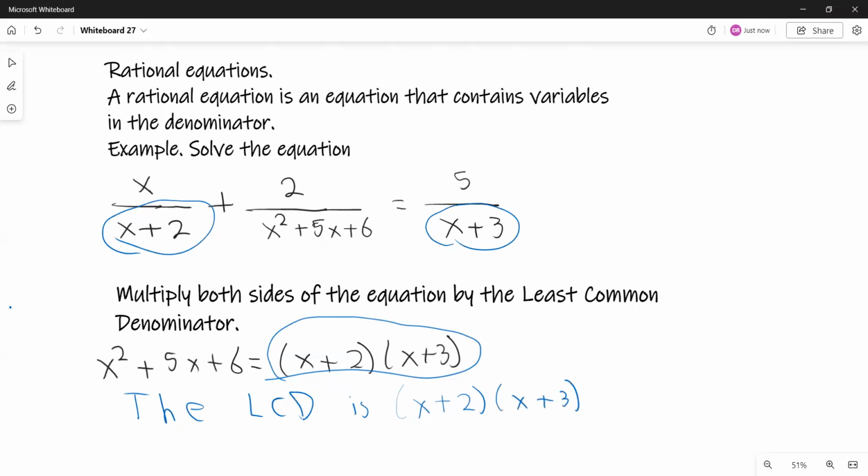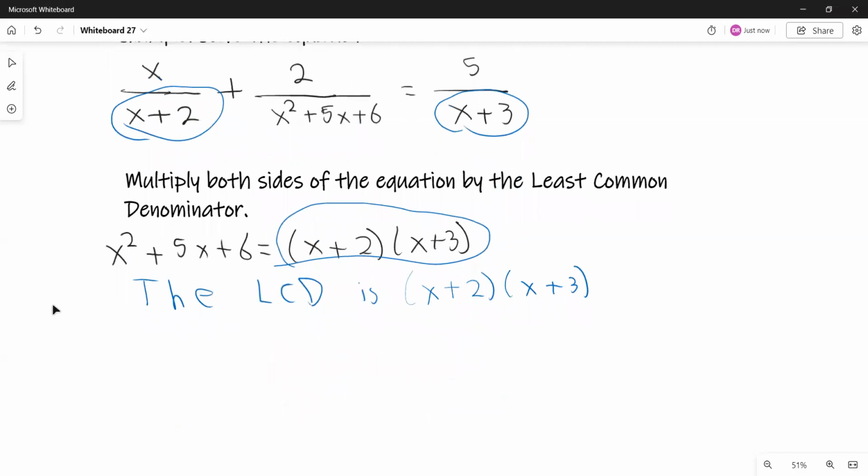We multiply the original equation by the least common denominator, so that it becomes either a linear or a quadratic equation. We multiply the LCD to both sides of the equation.